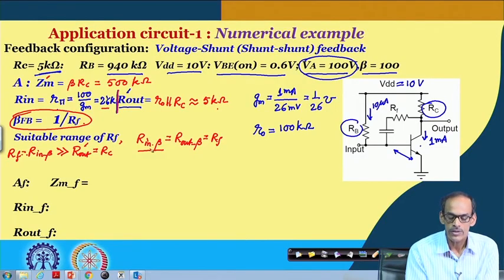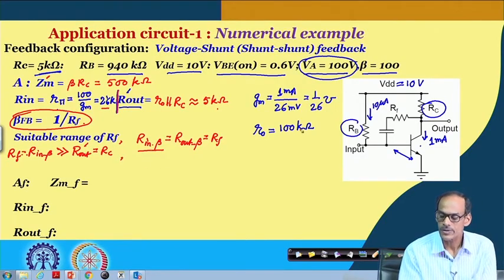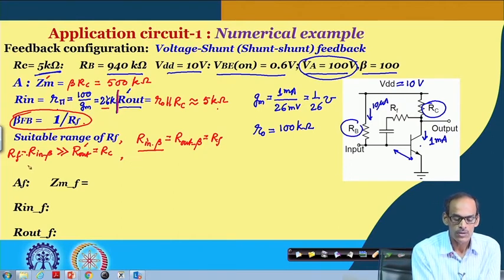On the other hand, the other condition is we want R out beta to be much higher than input resistance R pi.